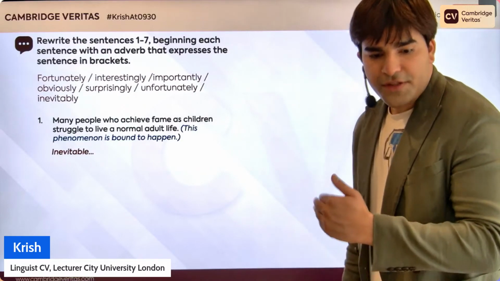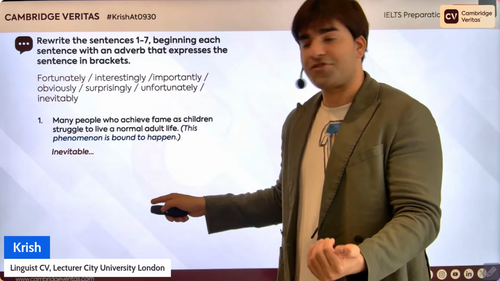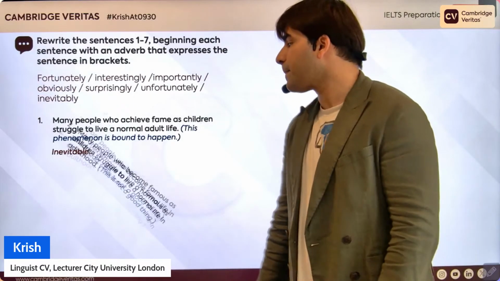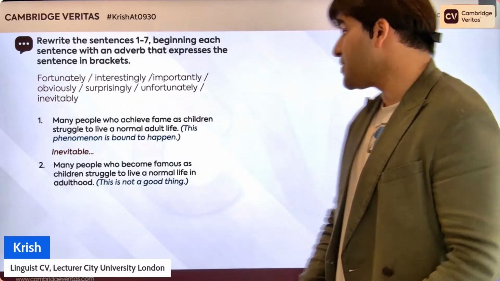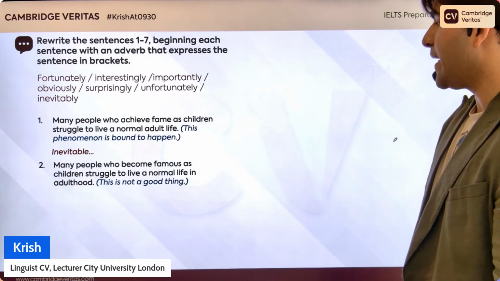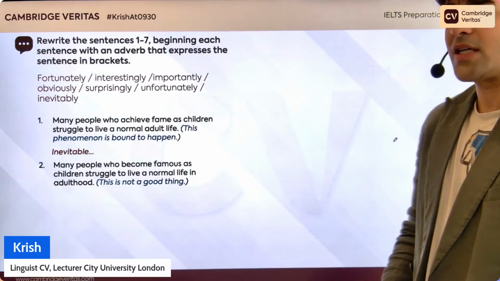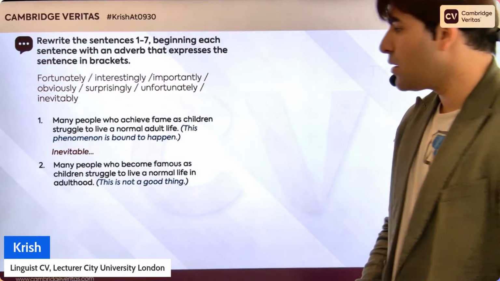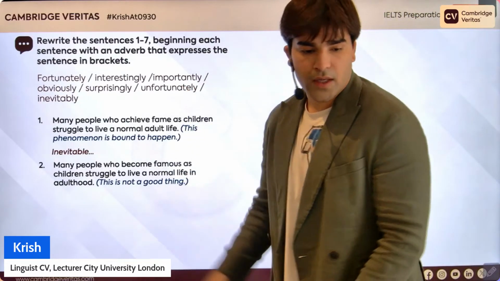So let's move to the next one. This one, number 2, you have to do yourself. Tell me in the live chat, what is it? Here we go. Many people who become famous as children struggle to live a normal life in adulthood. This is not a good thing. So which word in the red panel means this is not a good thing?